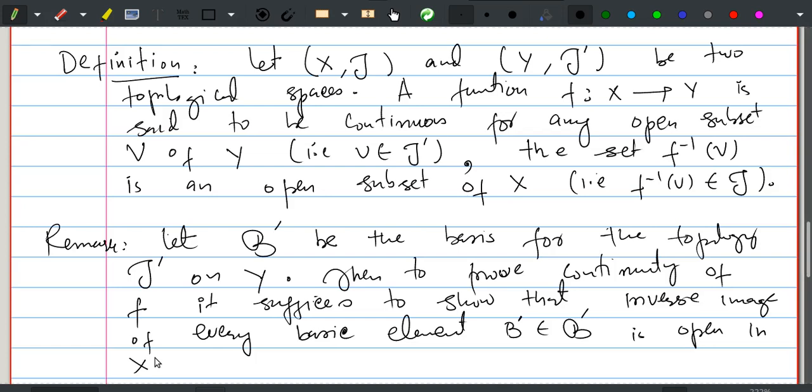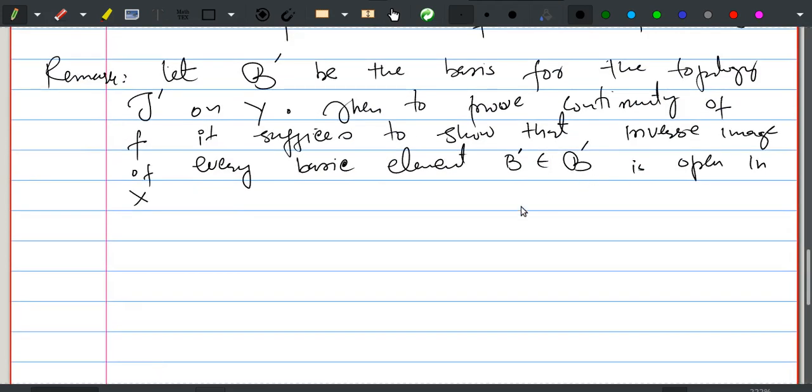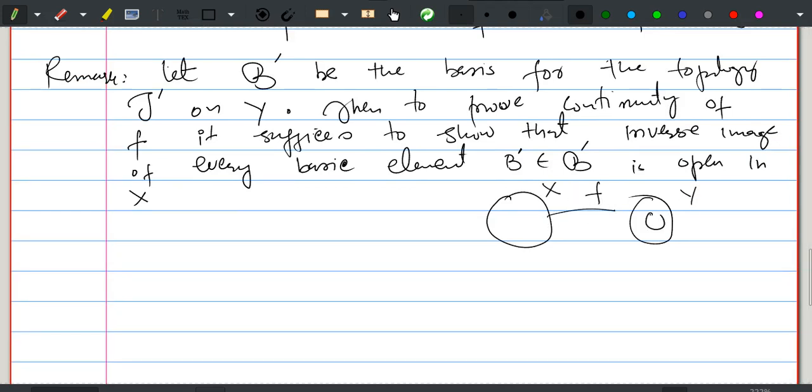Now, why is this true? The definition of continuity is that, if this is set X and this is set Y, and we have a function f here, and we have an open set V with respect to topology T prime, then we call f a continuous function if the inverse image of any open set is open, if f inverse V is also open here.